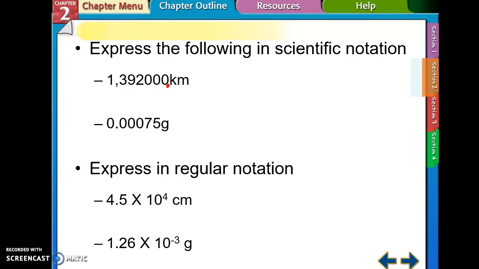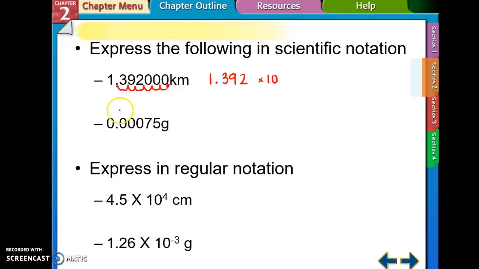So what I'm going to do is go ahead and right here, move the decimal 1, 2, 3, 4, 5, 6 times. I don't put it in front of the 1. I want it to be immediately after the first non-zero digit. So my coefficient right here is going to be 1.392 times 10.